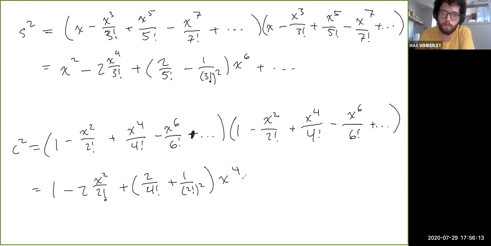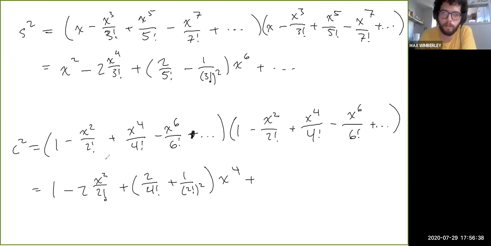And then for x to the 6th, I think there are 4 ways, because you can do 1 and x to the 6th, or you can flip that, or you can do 2 and x squared and x to the 4th, or you can flip that.